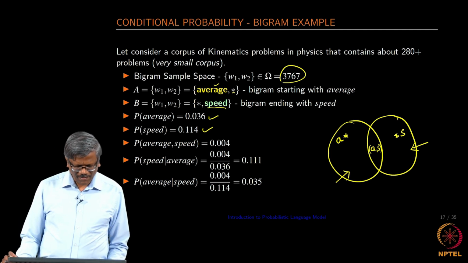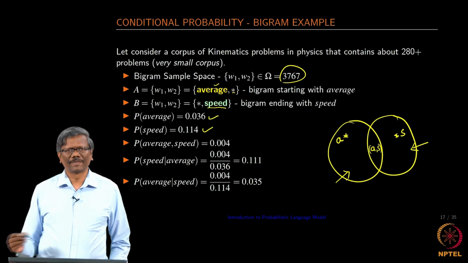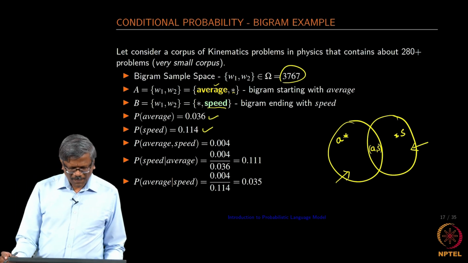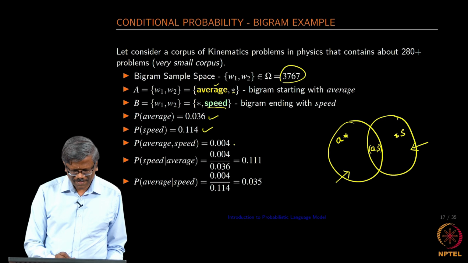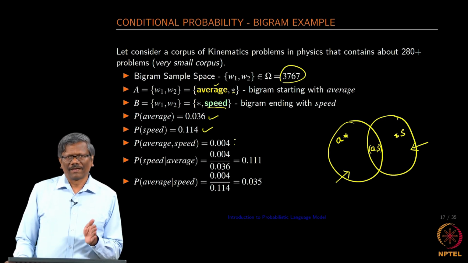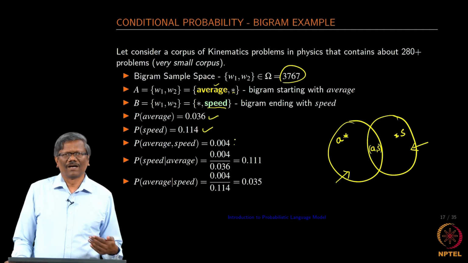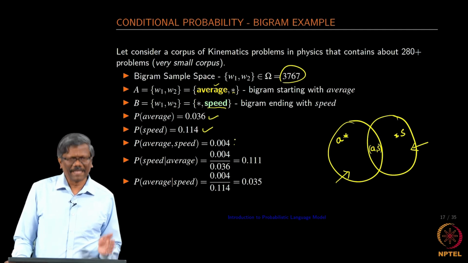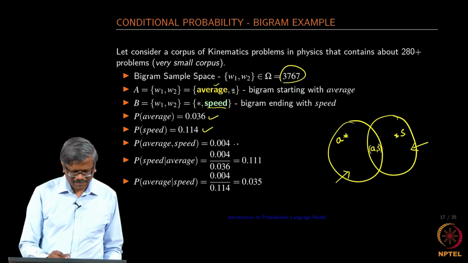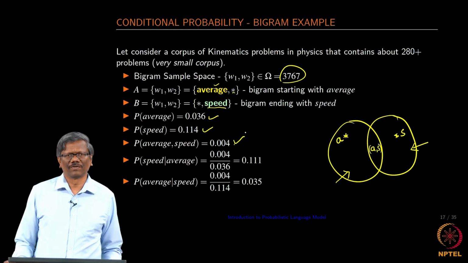Let us find out how many times average and speed occurred together. You get this number from the bigram counts, and that is equal to 0.004.